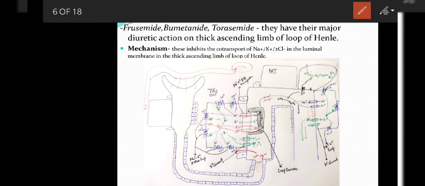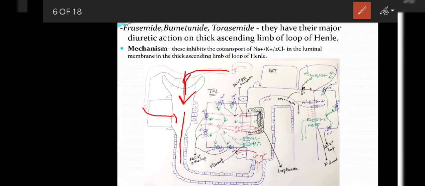Now, what we saw just was the normal mechanism which was happening in the thick ascending limb of loop of Henle. Now, the loop diuretics, for example, furosemide. Now, it is either taken orally or parenterally, and through glomerulus membrane it is filtered or is actively transported from PCT into the lumen.